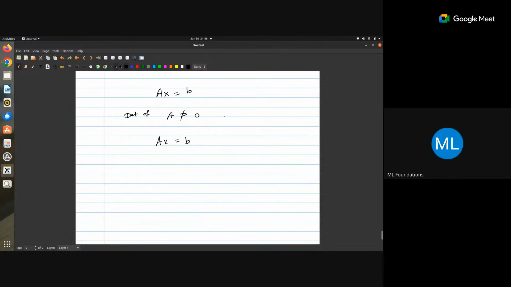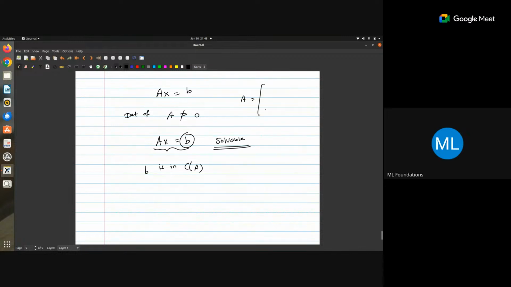When I say Ax equals b is solvable, it is solvable when this vector b, I'm considering this as a vector b, is in the column space of A. Generally it is said that b is in the column space of A. What does that mean? What is the column space of A? It's the linear combinations of all the vectors, right?